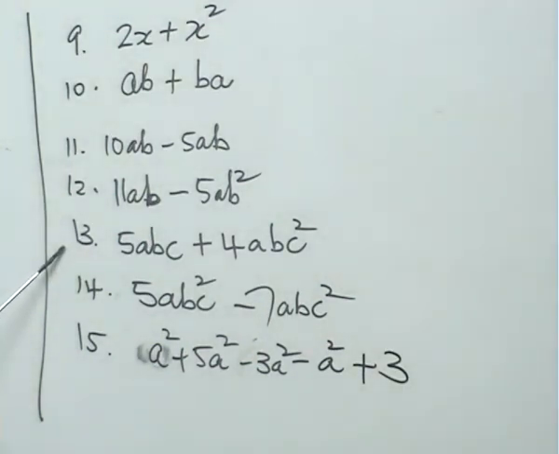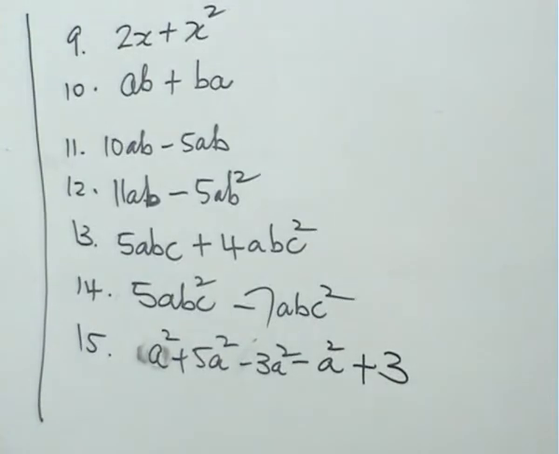Number 13, 5abc plus 4abc squared. 14, 5abc squared minus 7abc squared. 15, a squared plus 5a squared minus 3a squared minus a squared plus 3. Add or subtract if possible, because in some examples it will not be possible because the terms are unlike. So try these examples and then we will come back to mark them.